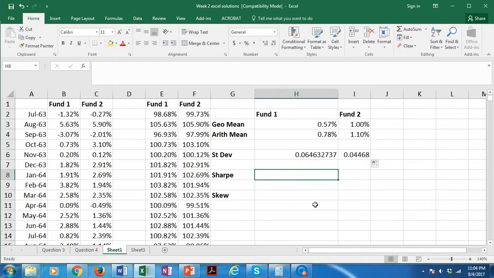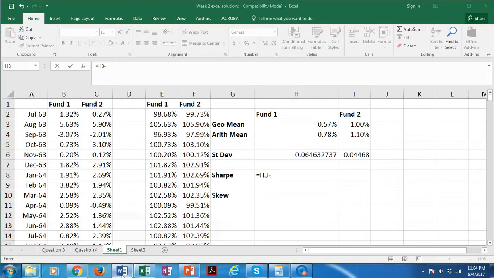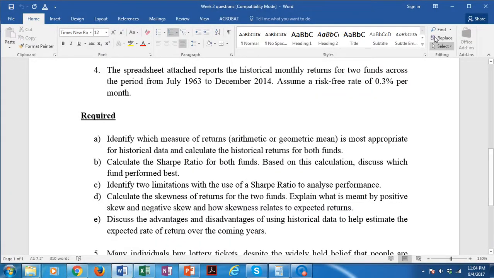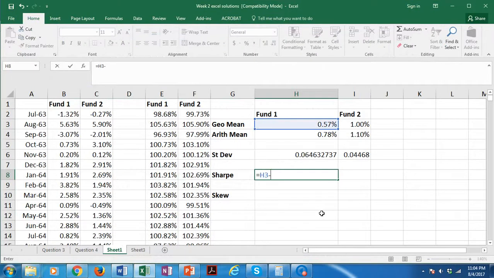Now to calculate Sharpe ratio, if we take geometric mean, then we take equal this one minus, you can remember risk-free rate is 0.3%, so we put 0.003, divided by the standard deviation.